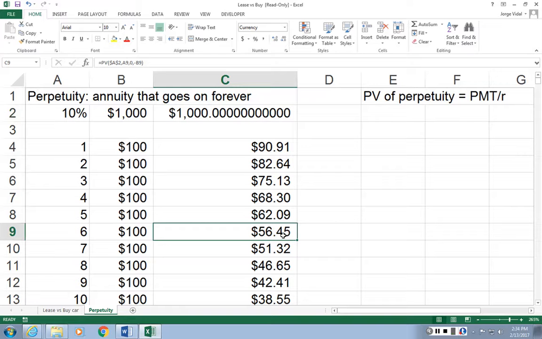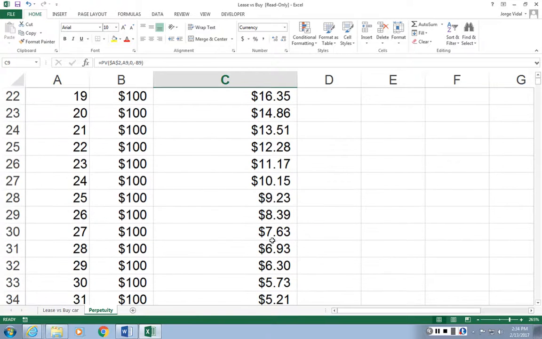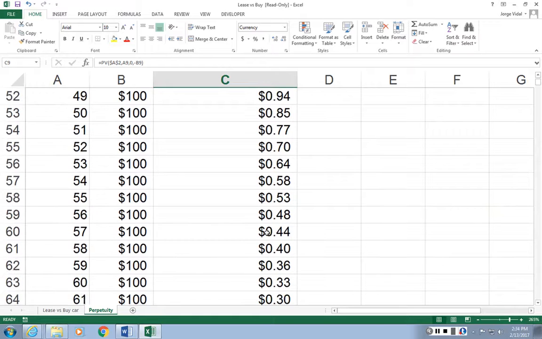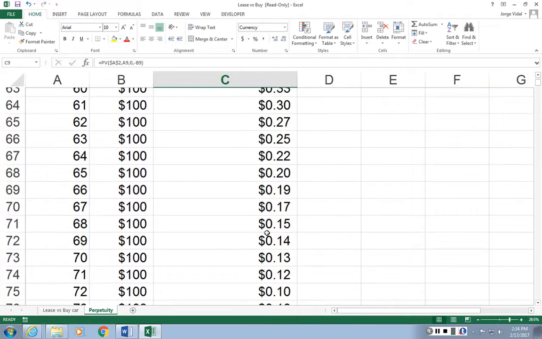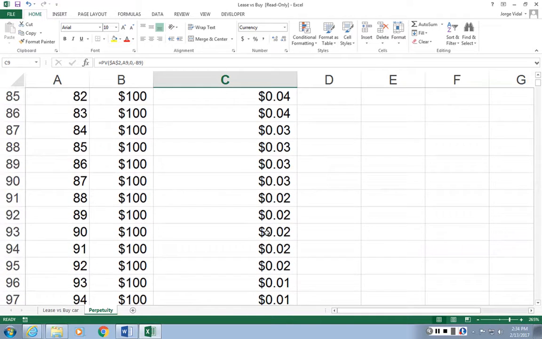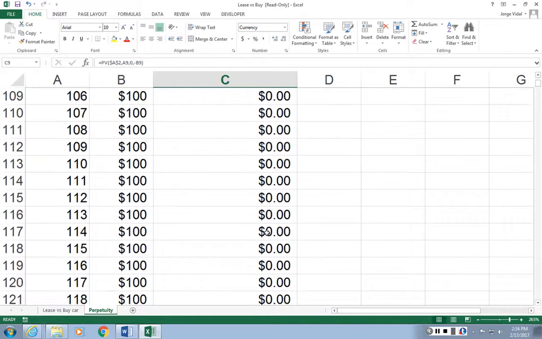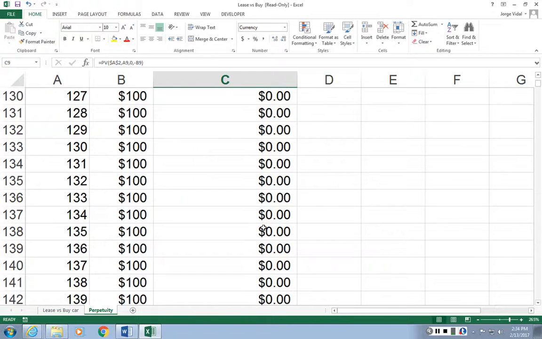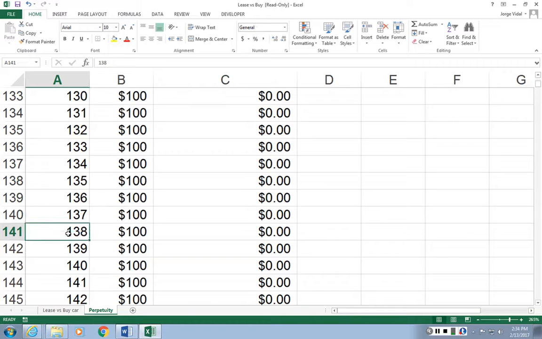And look what is happening to the present value of the same cash flow as you go on in time. It's getting smaller and smaller, and eventually it's worth nothing. Think about this. Somebody tells you, how much will you give me today in exchange for $100 in 138 years?